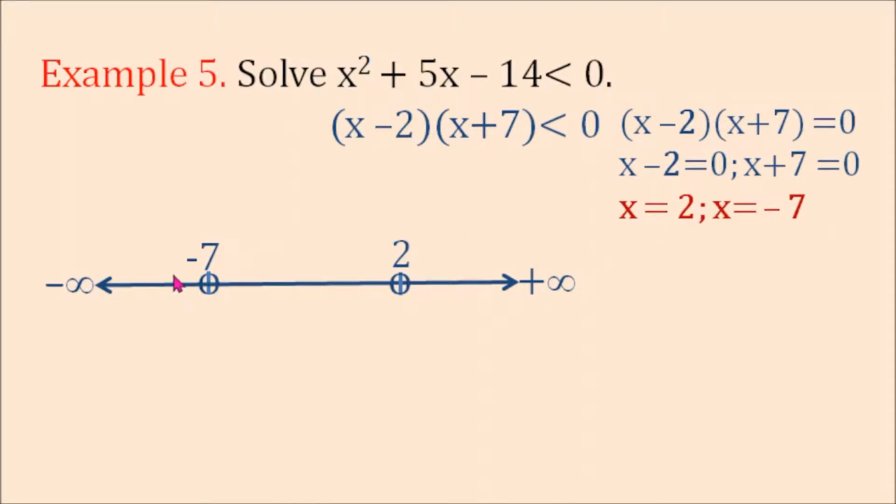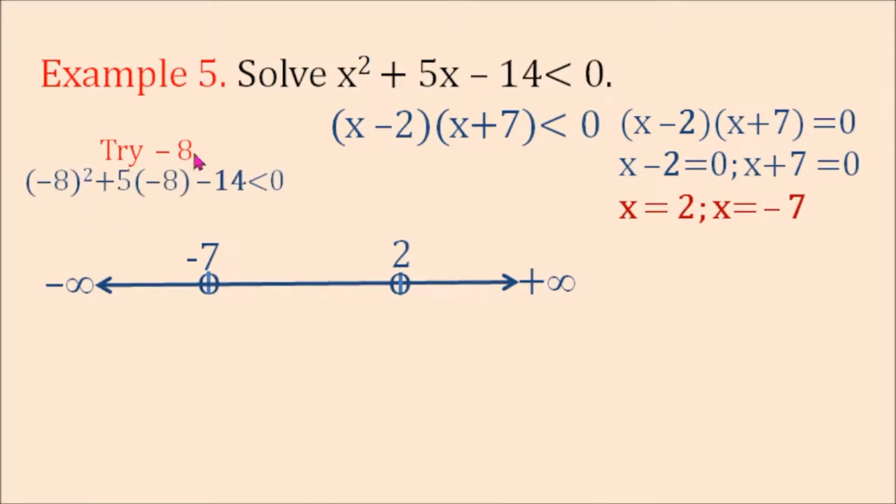Now let's try this interval from negative infinity to negative 7. We are going to try any number that is less than negative 7. So for example, we are going to try negative 8. Now we are going to substitute all our x's here with negative 8.